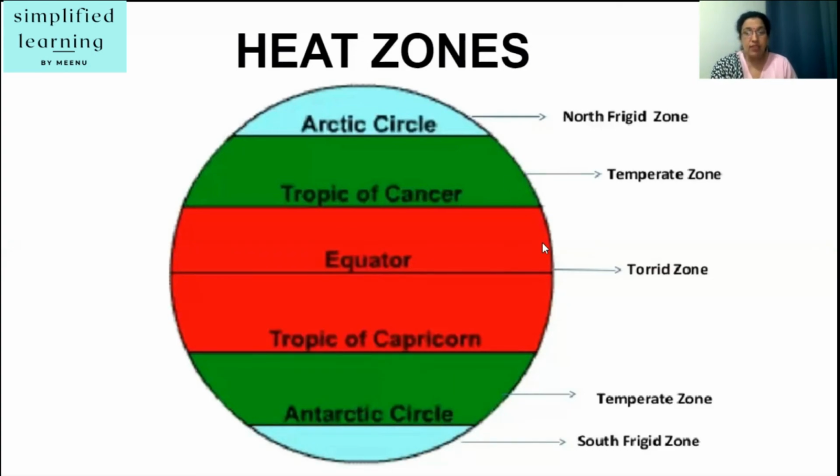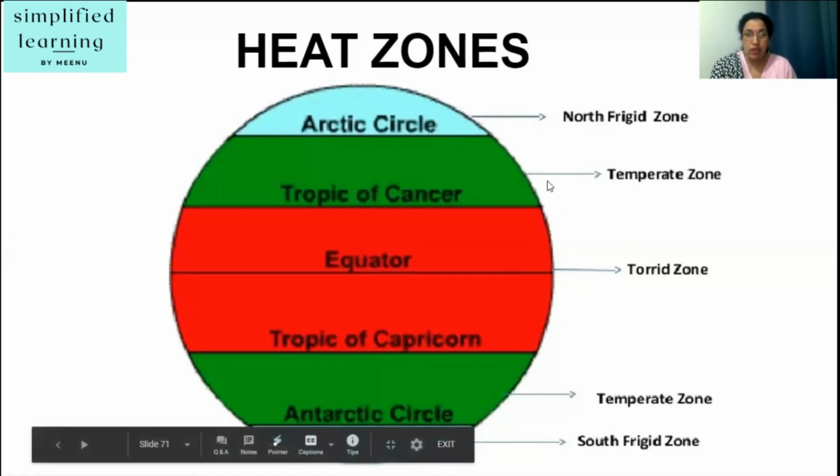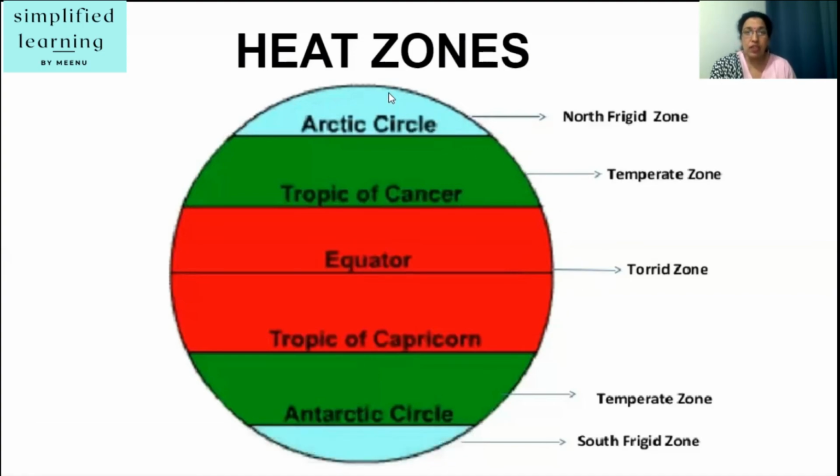In summer, the sun does not set completely, while in winter, the sun does not rise completely in the polar areas. So these are the coldest parts of the Earth. I hope you have understood the different heat zones on the Earth. This is the torrid zone between the Tropic of Cancer and Tropic of Capricorn, the hottest part of the Earth.